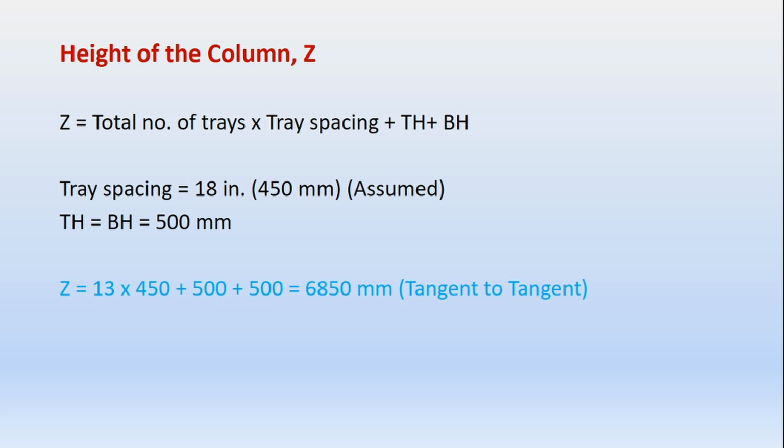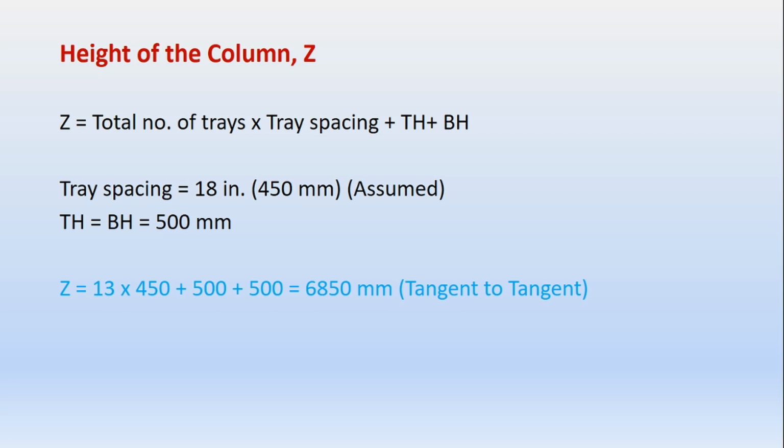Once the actual number of trays is known, we can find the height of the column. The height of the column is obtained as the total number of trays multiplied by the tray spacing. So let us fix the space between two trays.